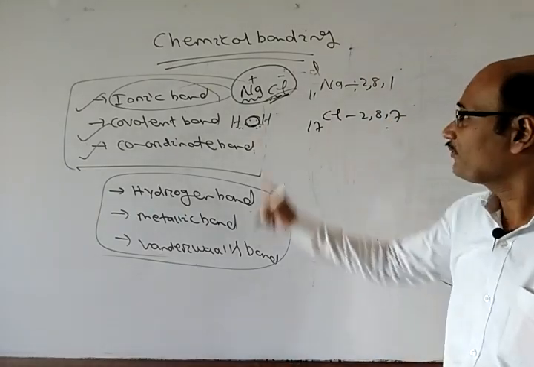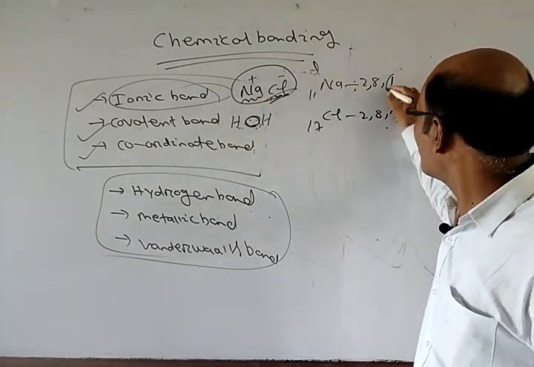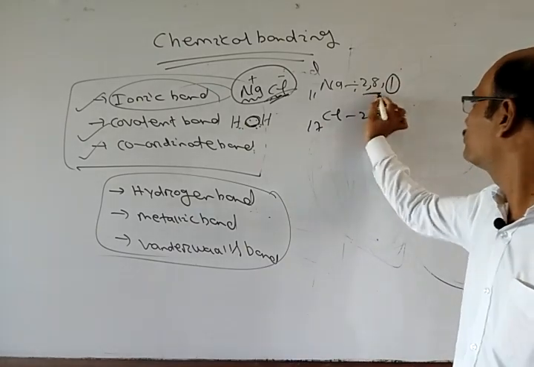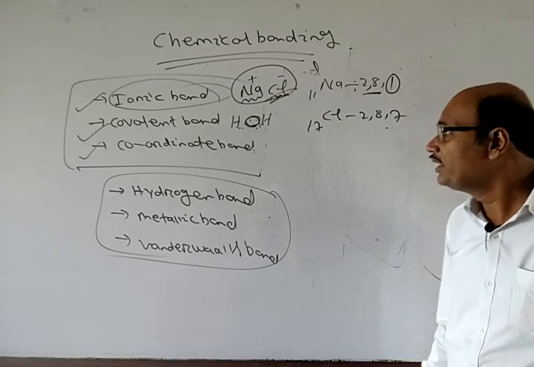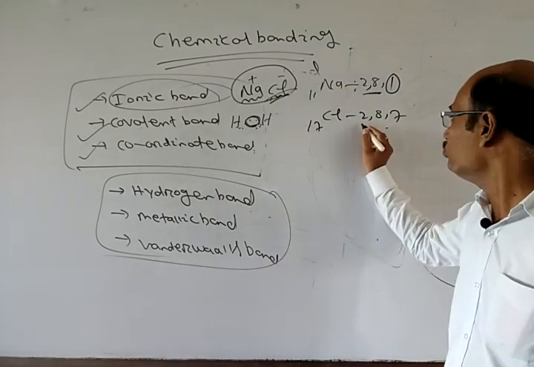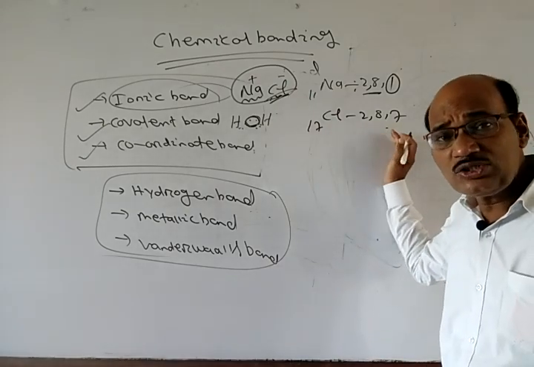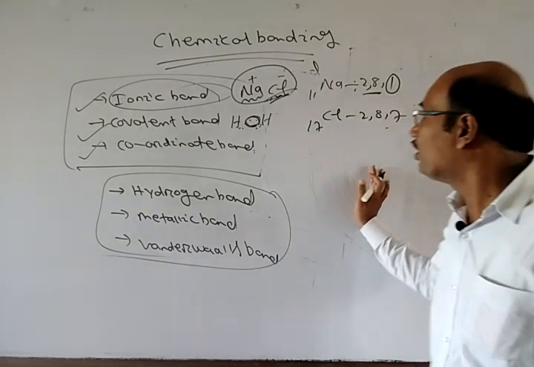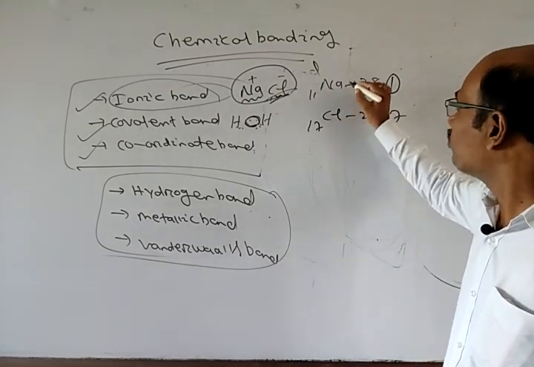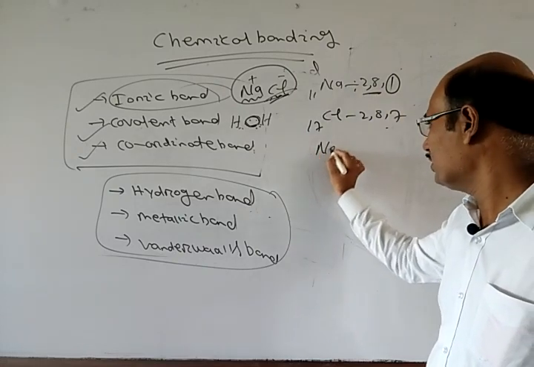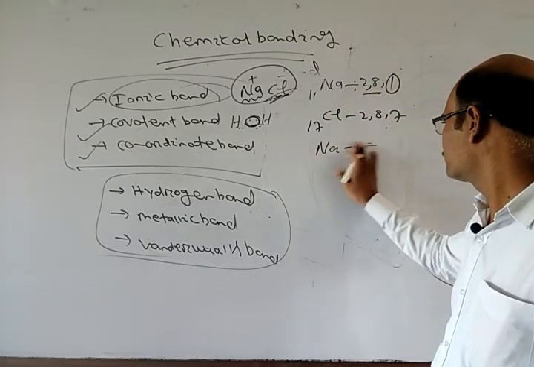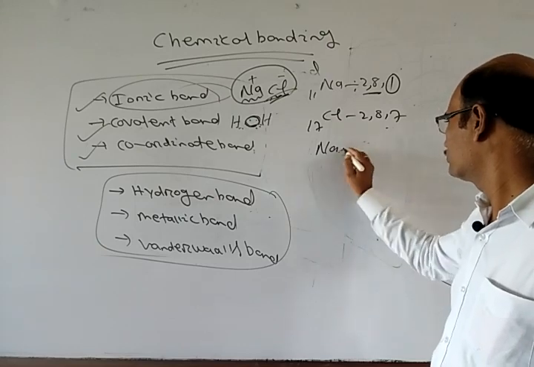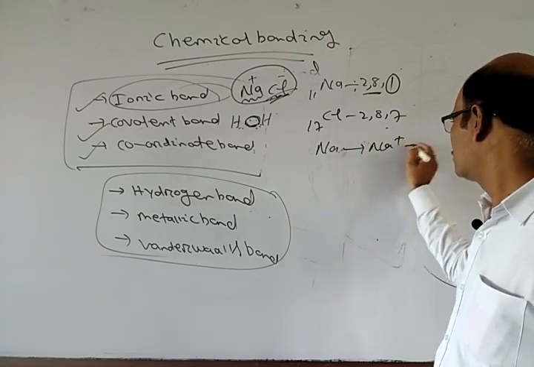So Na has one extra electron beyond the stable octet 2,8, and chlorine is one electron short of the stable octet, 2,8,7. So Na gives one electron and becomes Na plus.